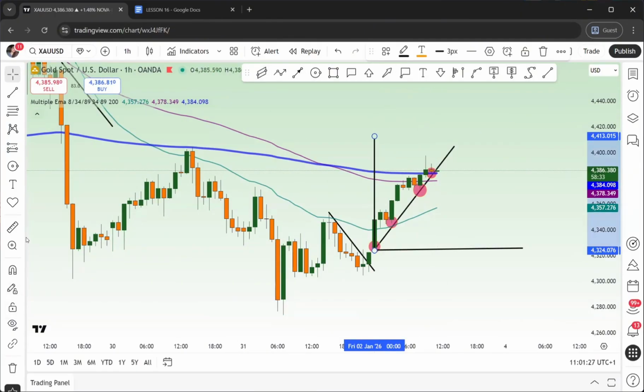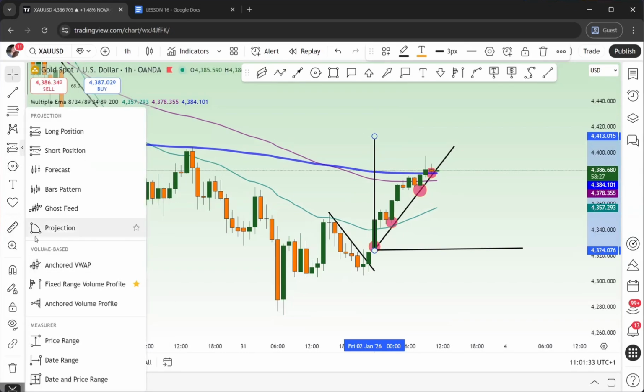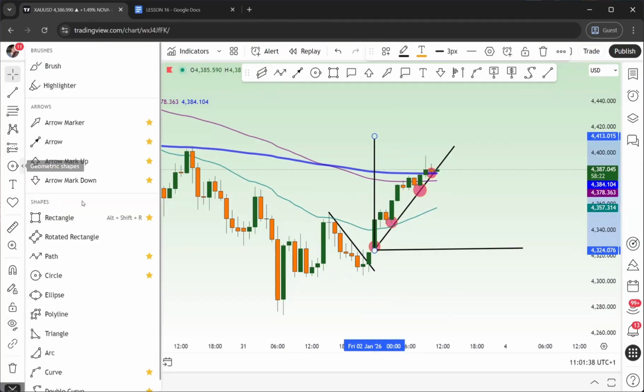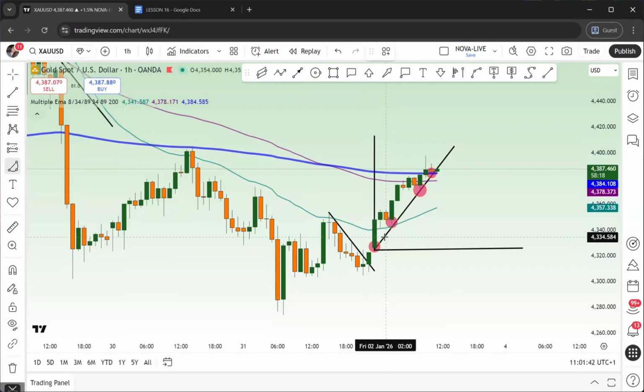I will draw this for you. It's like a math class, right? So technical analysis isn't something so difficult. It is very familiar to all of us.